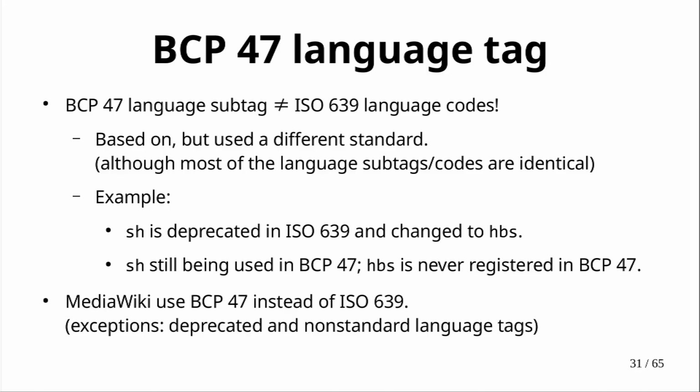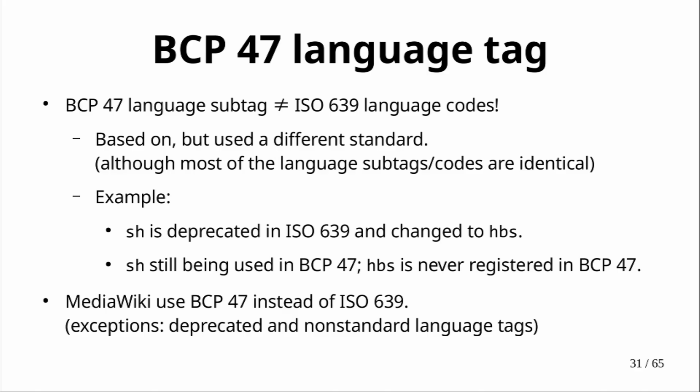However, because BCP 47 wants to maintain compatibility in most cases, whenever possible, SH is still being used in BCP 47 and HBS is never registered in BCP 47, because we don't want the same thing to be using different identifiers twice or multiple times.